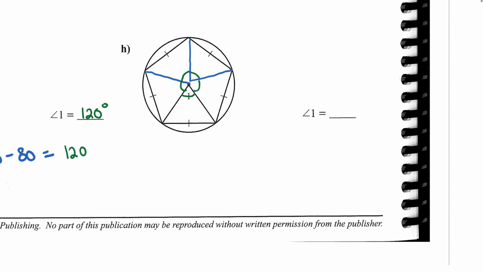So if I look at the center there, 360 degrees is going to be divided equally by 5. So I have 360 degrees divided by 5, and that's going to give me 72 degrees. So each of these angles will be 72 degrees, and that means angle number 1 has to be 72 degrees.